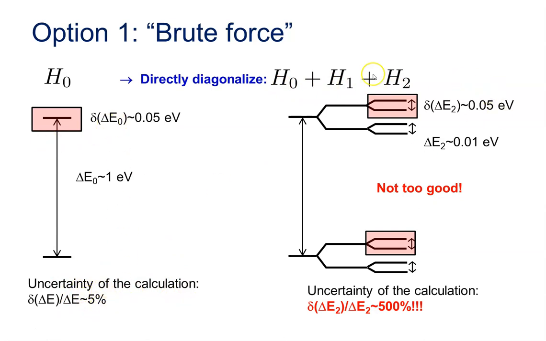So you still get an error of around 5% over these splittings, which will be your large splittings. So this 0.05 is 5 times the size of the splitting you want to resolve. So no, you'll not be able to resolve it at this stage, and because you're 500% off, essentially your uncertainty window is of this size.